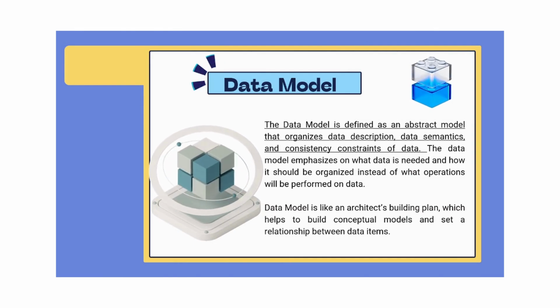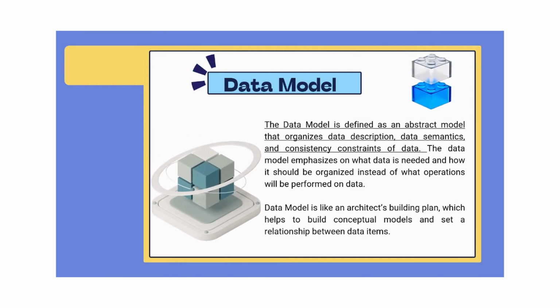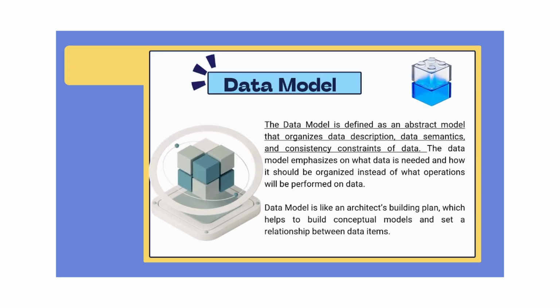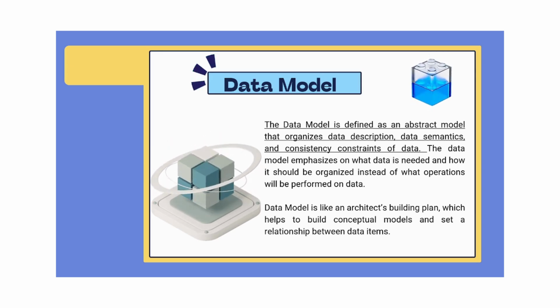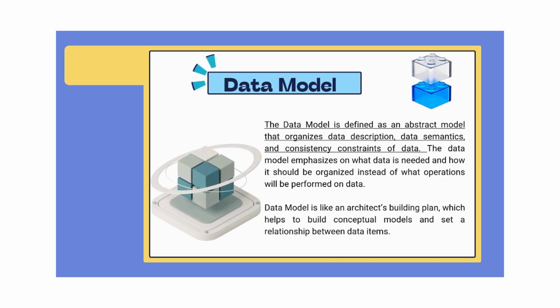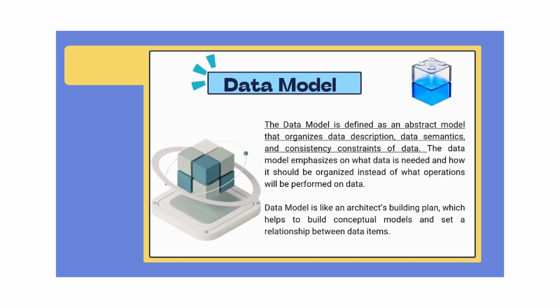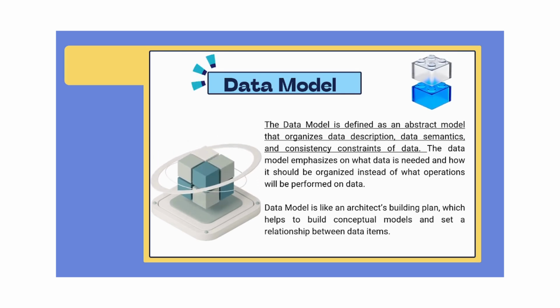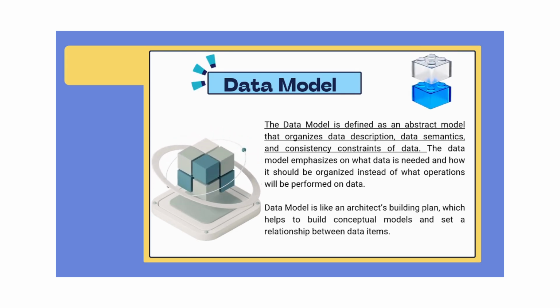Now, data model is defined as an abstract model that organizes data description, data semantics, and consistency constraints of data. The data model emphasizes on what data is needed and how it should be organized instead of what operations will be performed on data.